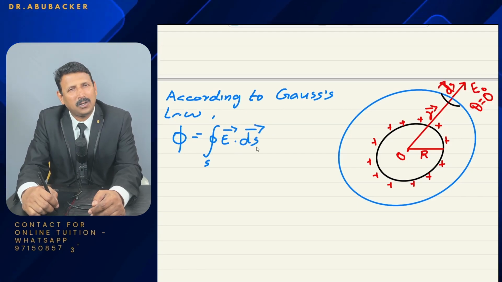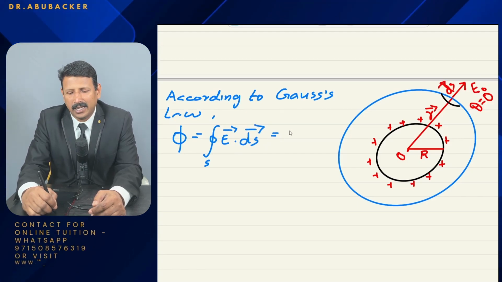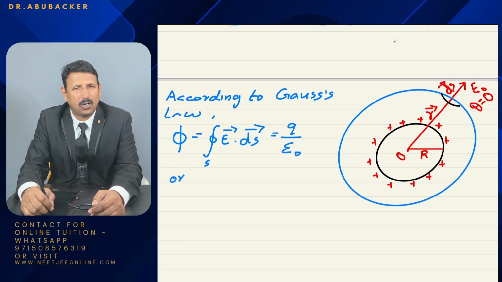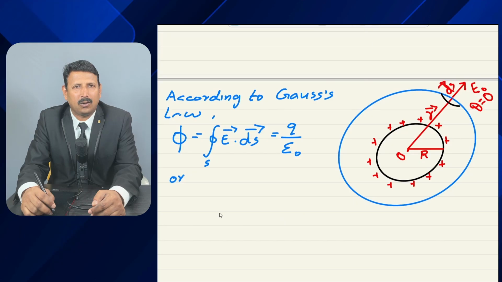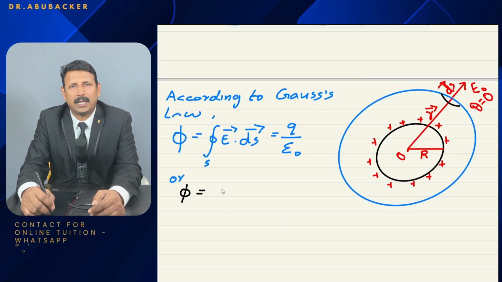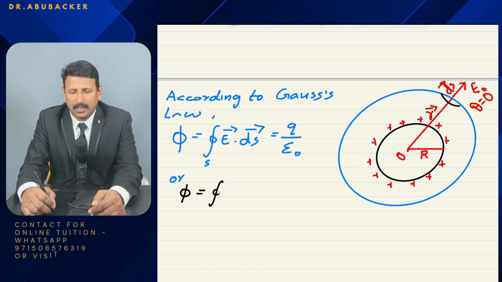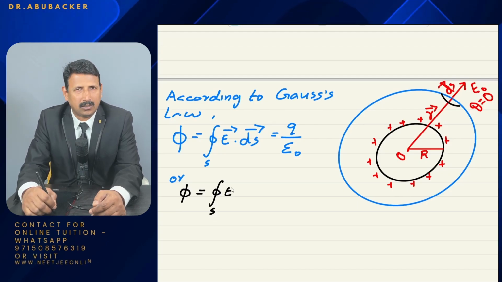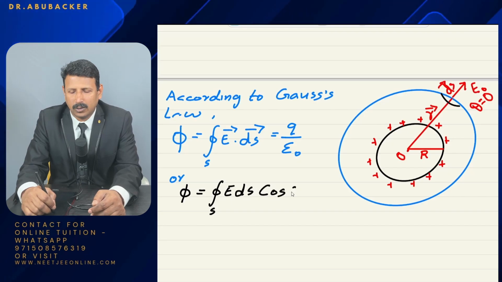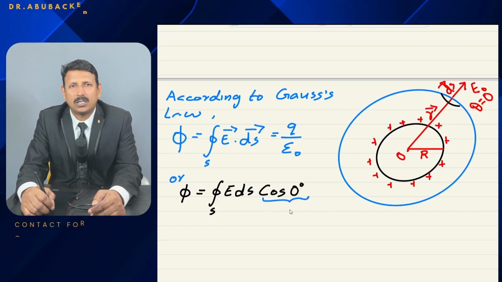So phi is equal to closed integral E dot dS is equal to Q by epsilon 0. This is the statement of Gauss's law. Phi is equal to 1 by epsilon 0 times Q, or phi is equal to Q by epsilon 0. And in terms of integration, E dot dS also can come. Now this is the time to fill up: phi is equal to closed integral E dS cos 0.